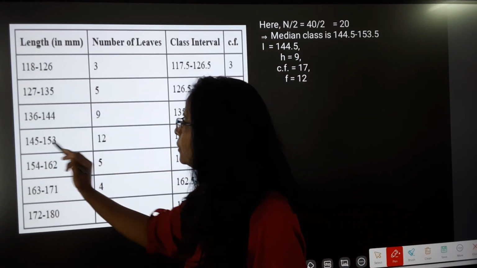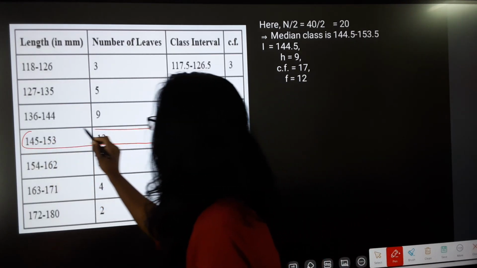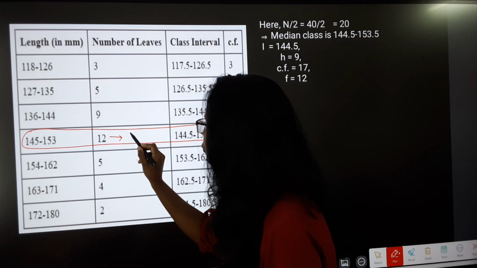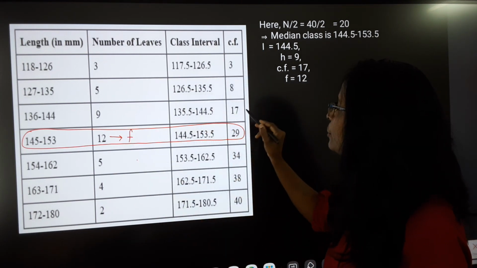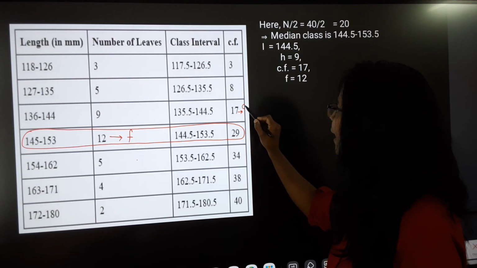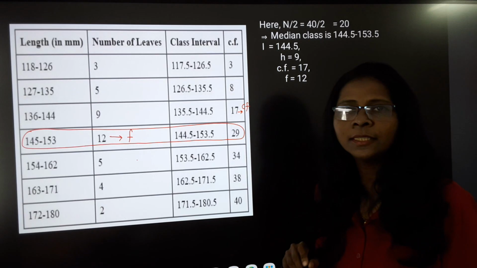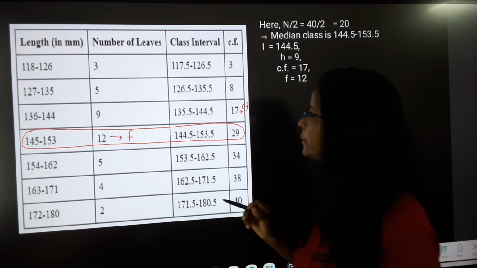So we choose this class, and we take that 12 as f, and the cumulative frequency of the class before that is 17.